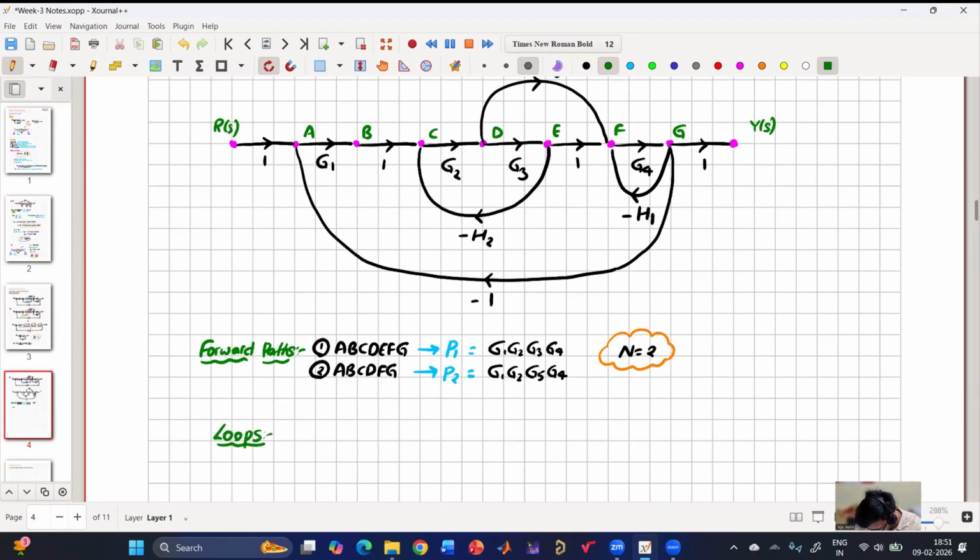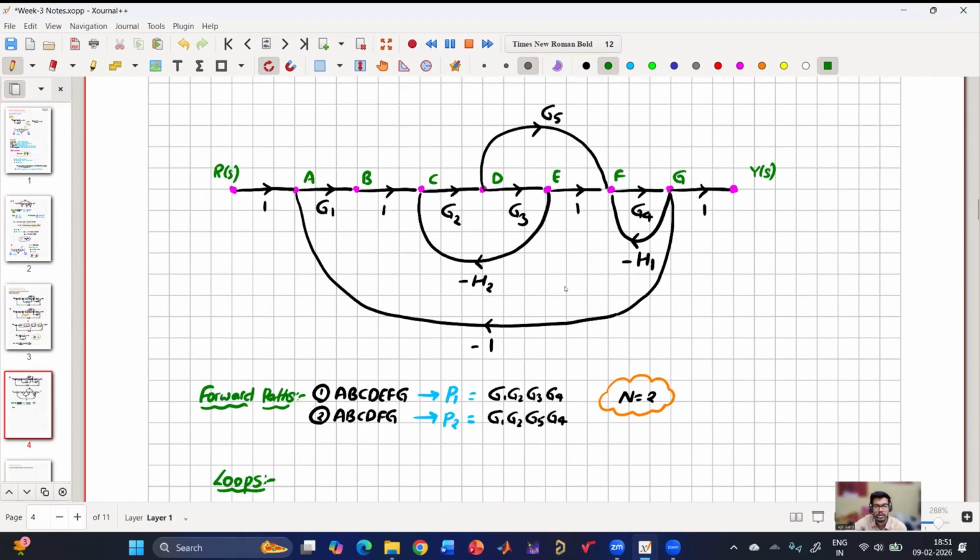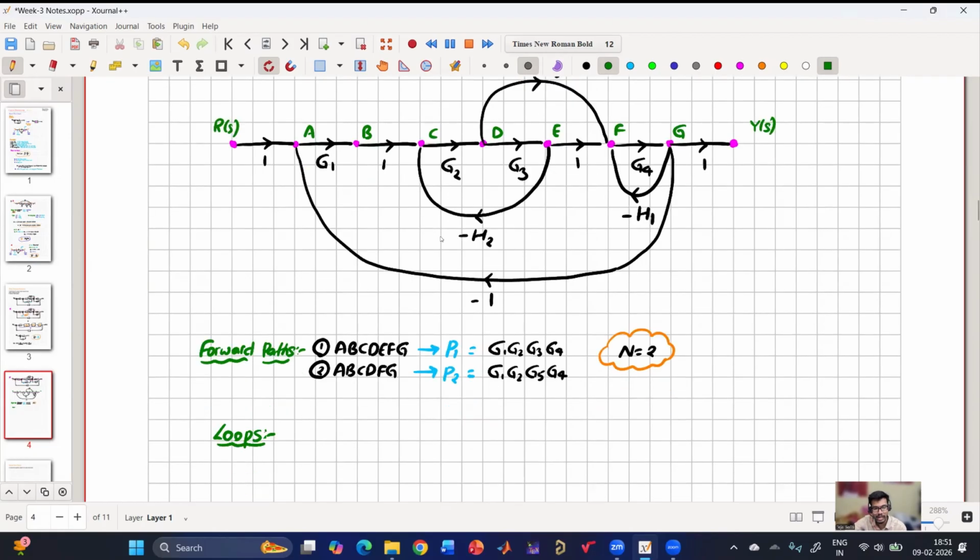So how many loops are there? Who can tell? 3 loops. 3 loops, which are? C, D, E, C is loop 1. Okay, let us just write it so that there will not be any confusion.